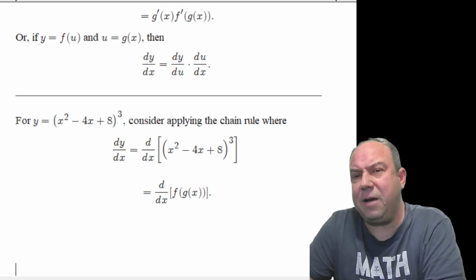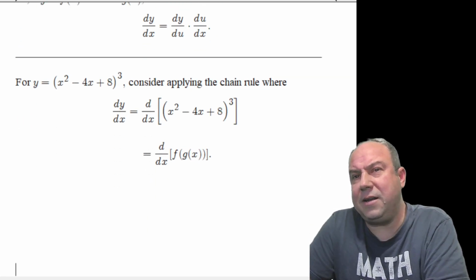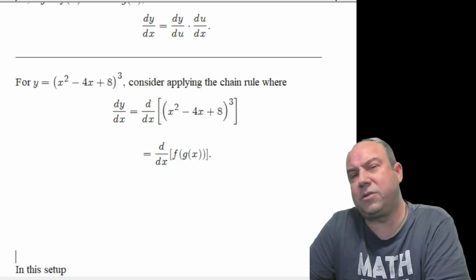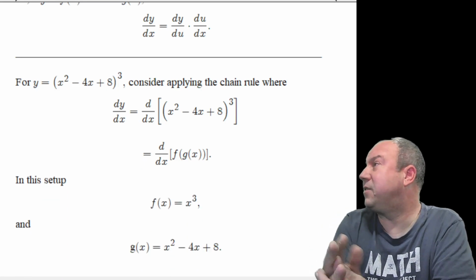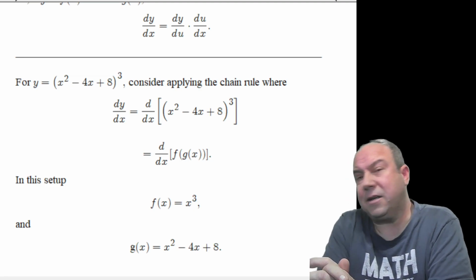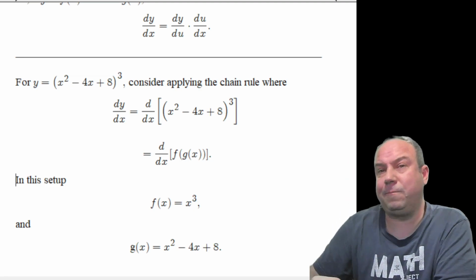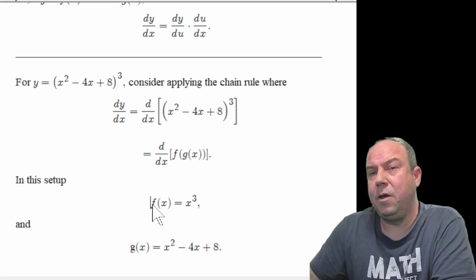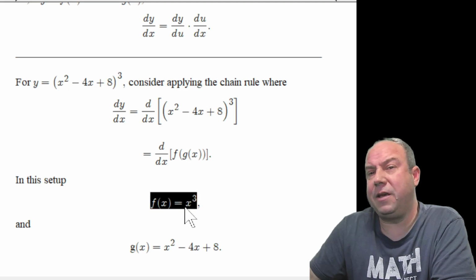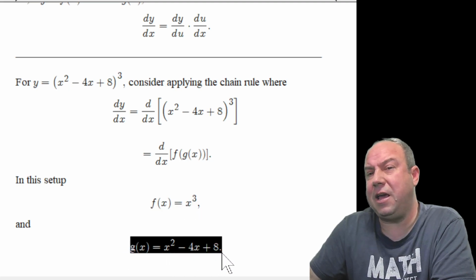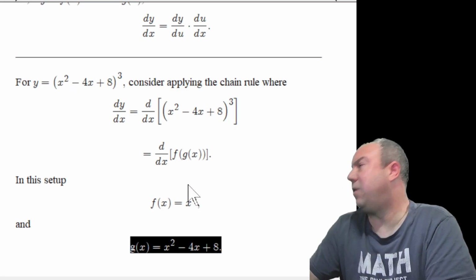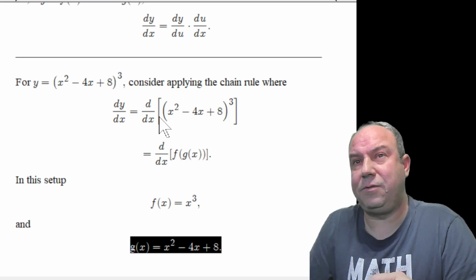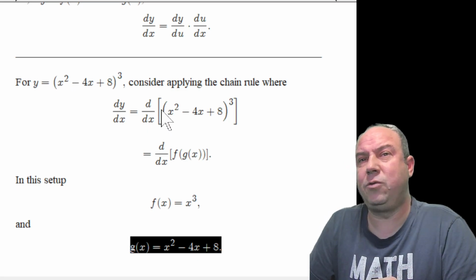So in our setup here, we might identify that f is the cube function and g of x is the quadratic x squared minus 4x plus 8. We're going to call out f and we're going to call out g as their individual values.